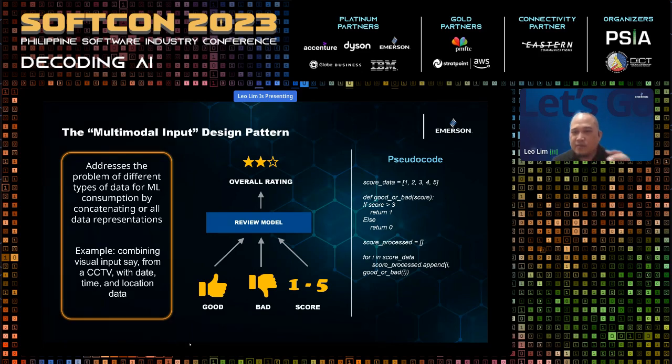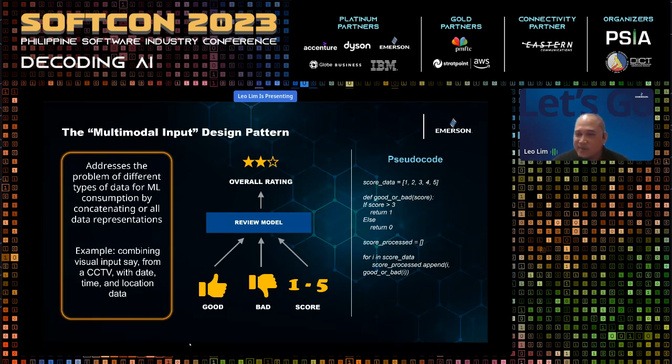So what you can do here is create an array where you have pairs, right? Good or bad, and then a score. This is an example of the code, where you provide the score and then you define good or bad. It returns 1 if the score is lower than 3, and 0 if it's higher. Then you process that, and there's code here that does a for loop, right?